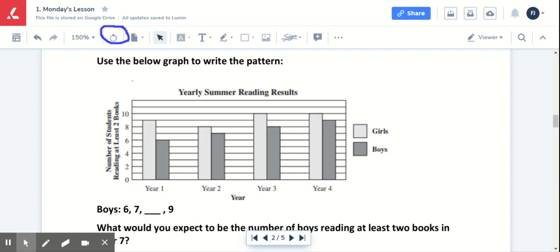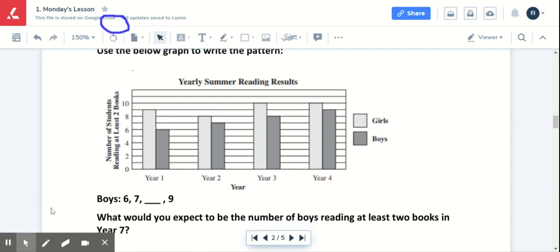Use the below graph to write the pattern. So the graph below is showing yearly summer reading results for boys and girls. So for boys, we have a number pattern of 6, 7, blank, and 9.